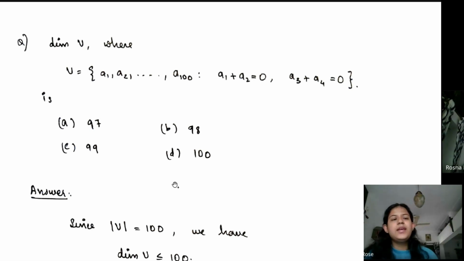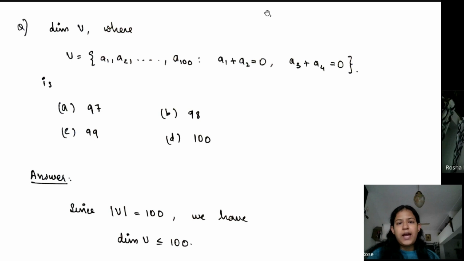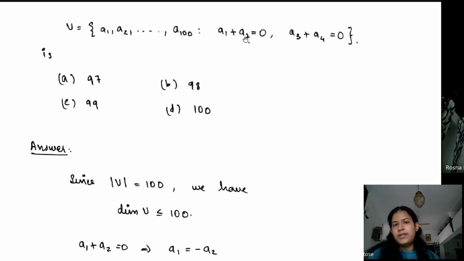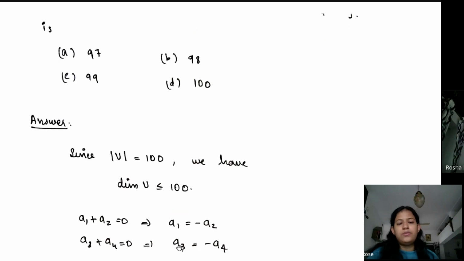We have a vector space V which has 100 elements, so at most the dimension of V is 100. But here we have some conditions on how the elements behave. We know that A1 plus A2 equals 0, which means A1 and A2 depend on each other, and A3 plus A4 equals 0, so they also depend on each other.